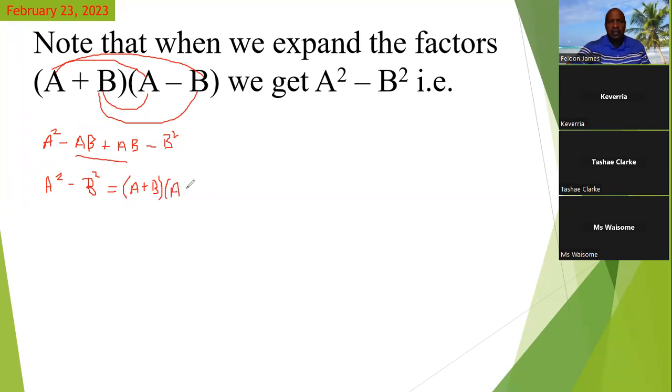Because when we multiply these two, that's what we get, a squared minus b squared. Everybody see that? Let me see your hand if you are following me and you're in agreement with what I'm saying.